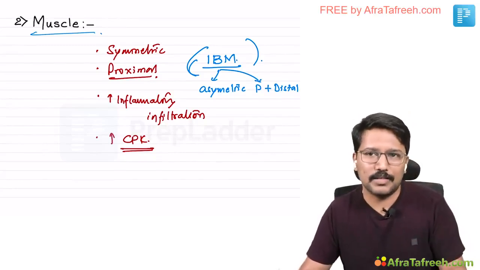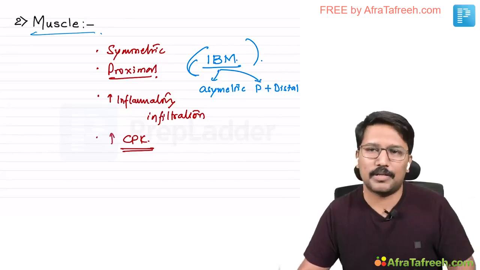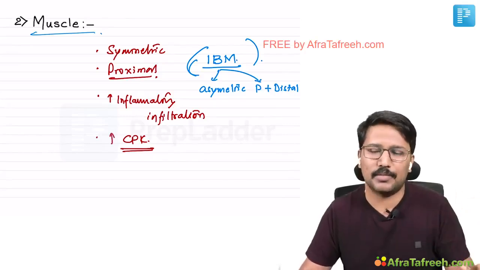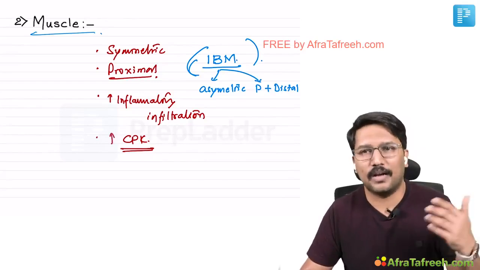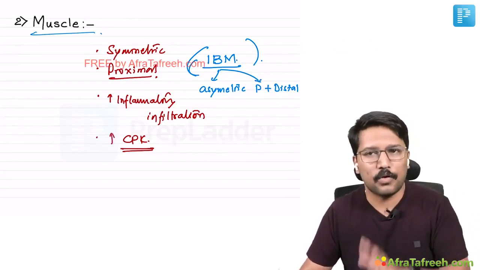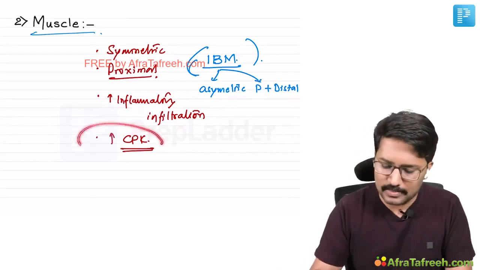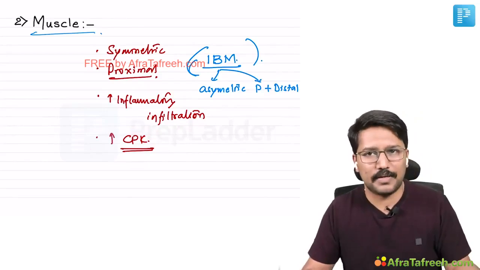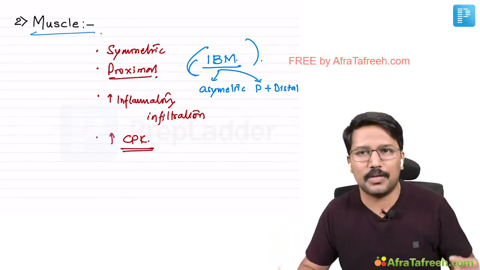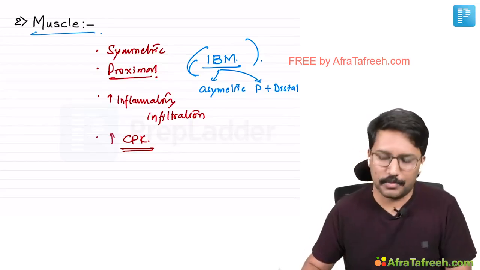So you will use the CPK values to differentiate metabolic myopathies, like hypothyroid or diabetes associated myopathies, or hypokalemic myopathies, from the immune mediated inflammatory myopathies. CPK grossly elevated, you are thinking of IIMs. CPK modestly elevated or not elevated at all, you are thinking of the non-inflammatory myopathies.